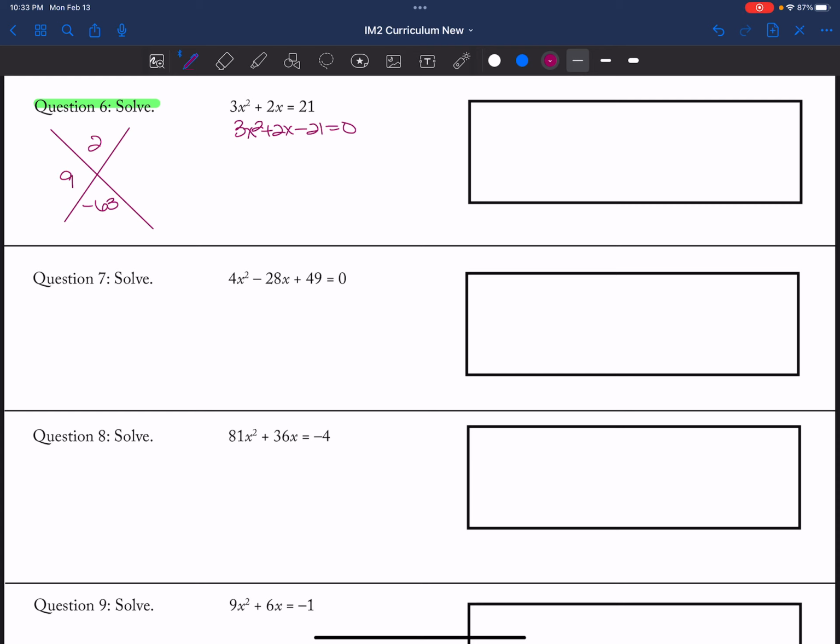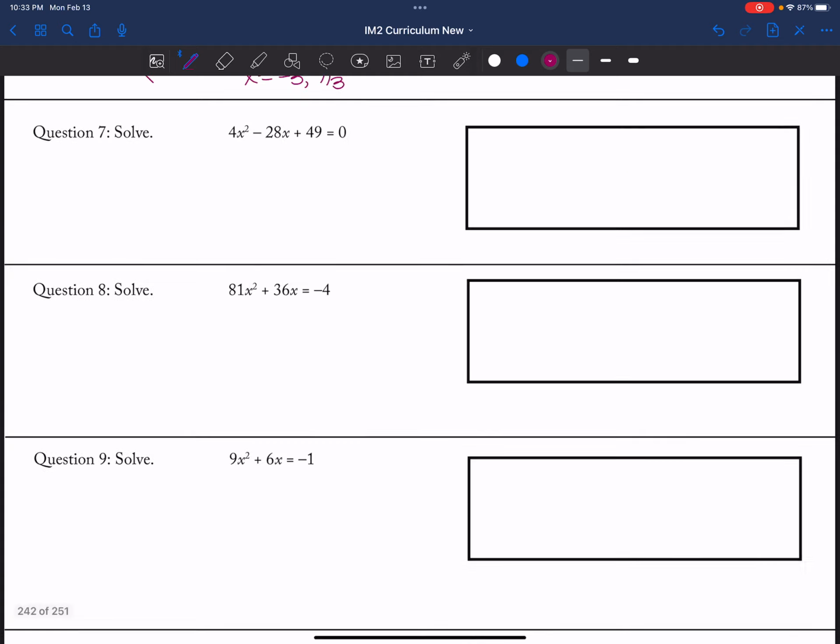So that is 9 and negative 7. So that's x plus 9 over 3 and x minus 7 over 3 equal to 0. So x plus 3, x minus, sorry, not x, 3x minus 7 is equal to 0. So x is negative 3 and 7/3.